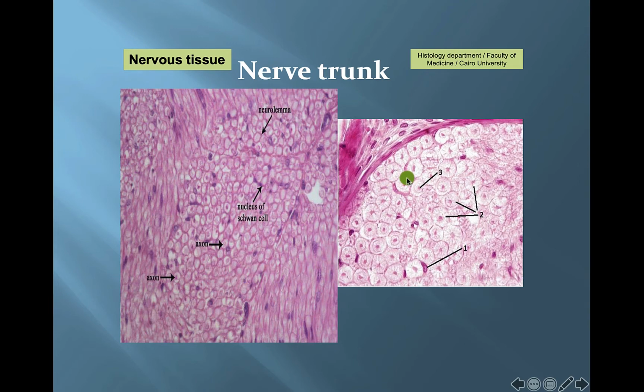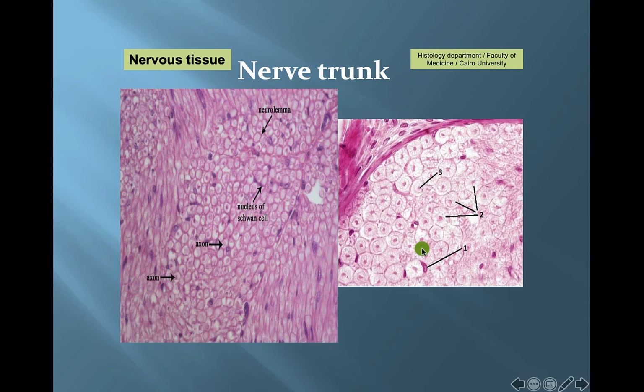Of course you cannot see the myelin sheath because it is dissolved in the alcohol during preparation of this section stained by hematoxylin and eosin. And in this picture also you can see the nuclei of the Schwann cell, and this is the axon or axis cylinder, this dark spot inside, and this is also the same dark spot, so the same axon.